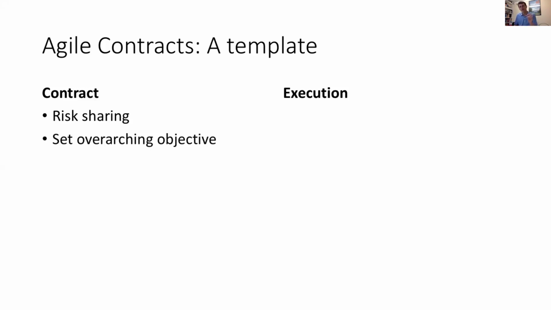As I just said, and as Stuart was saying, we set an overarching objective. There is a final goal. We'll build a CRM system, increase our sales, more eyeballs on the website. But, and this might be a little different to the way Stuart was talking about, this is a contract for services, not a contract for scope. This is not a contract that's going to deliver you 50 product backlog items.